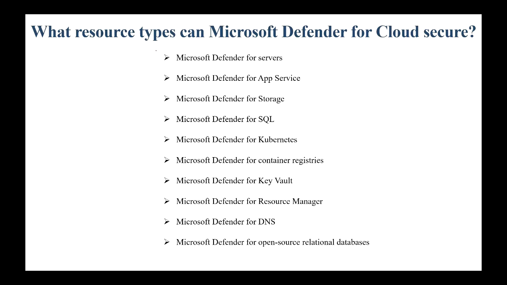And it can protect all of these kinds of resources, as you can see, from servers to app service, storage accounts, SQL servers, Kubernetes, container registries, key vaults, resource manager, DNS, and of course open source relational databases. These are all the workloads that basically Microsoft Defender for Cloud can secure and protect.